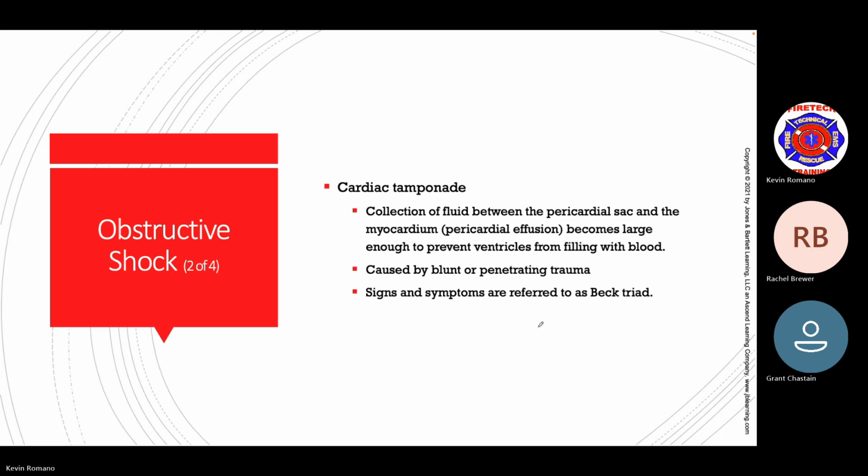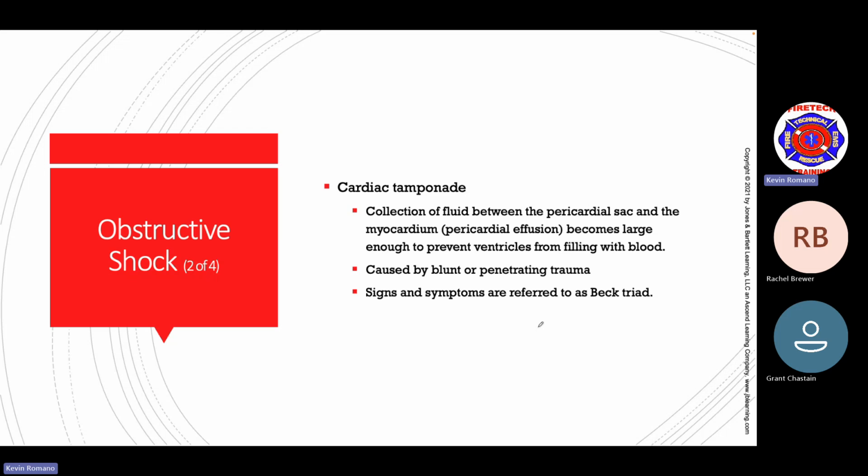A pericardial tamponade is a cardiac tamponade. It's a collection of fluid between the pericardial sac and the myocardium. It's called a pericardial effusion. If the effusion becomes large enough, it can prevent the ventricles from filling with blood, a condition called a cardiac tamponade. We have so much fluid around that pericardial sac, it can't pump effectively.